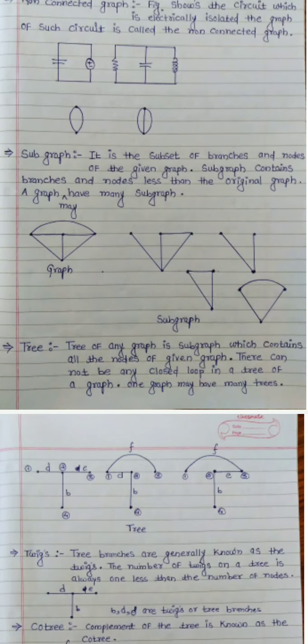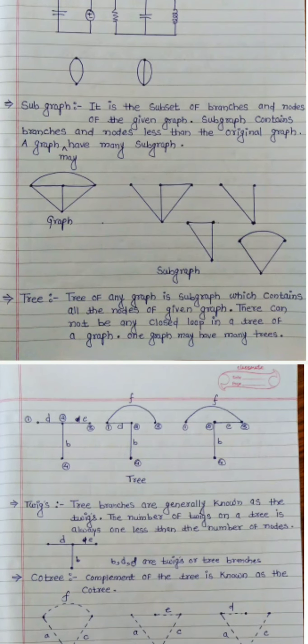Next is tree. A tree of any graph is a subgraph which contains all the nodes of the given graph. There cannot be any closed path in a tree of a graph. One graph may have many trees.